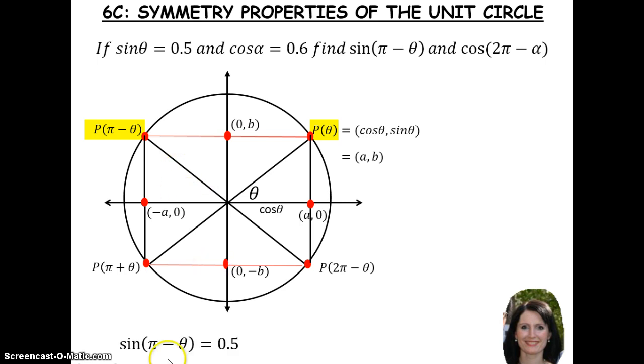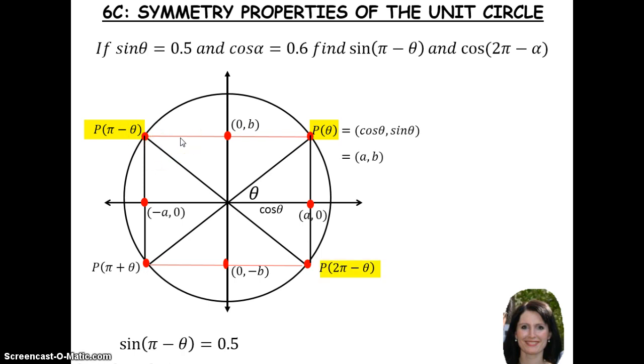So sine of pi minus theta is going to equal 0.5 also, because your sine value is going to be the same. Remember that the sine value is your b value, like we said here, and it's the y value. So if we're going straight across here horizontally, your y value does not change. Therefore, if sine theta equals 0.5, then sine of pi minus theta is also going to equal 0.5.